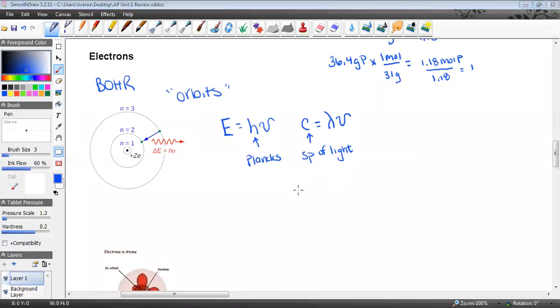Okay. All right, now, in terms of what kind of question you might see relating to the Bohr model on the AP exam, remember this relates to the flame test lab. Different elements emit different colors of light. We did that back in the unit when we were studying electrons.